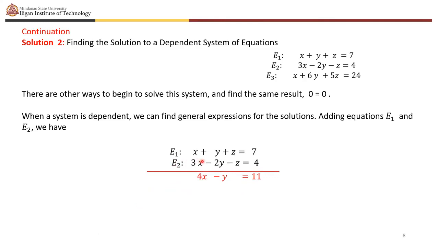Since e sub 1 is x plus y plus z is equal to 7, and e sub 2 is 3x minus 2y minus z is equal to 4, when we add them, x plus 3x is 4x, y minus 2y is negative y, and z minus z is 0. So we have 7 plus 4 is equal to 11. Solving for y, we have 4x minus y is equal to 11, that is, y equals 4x minus 11.